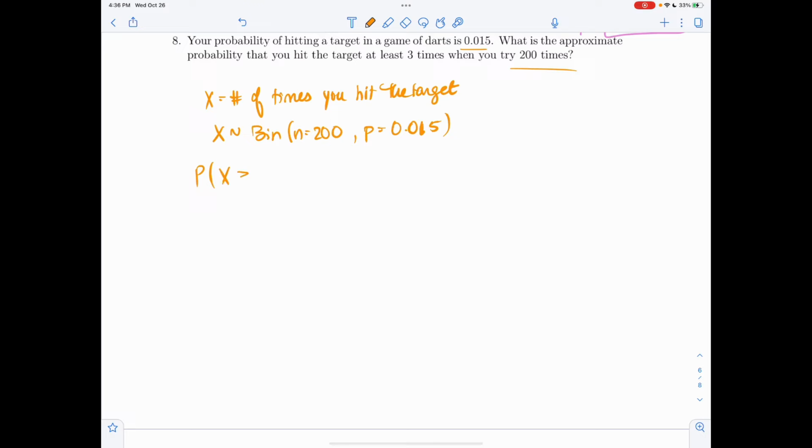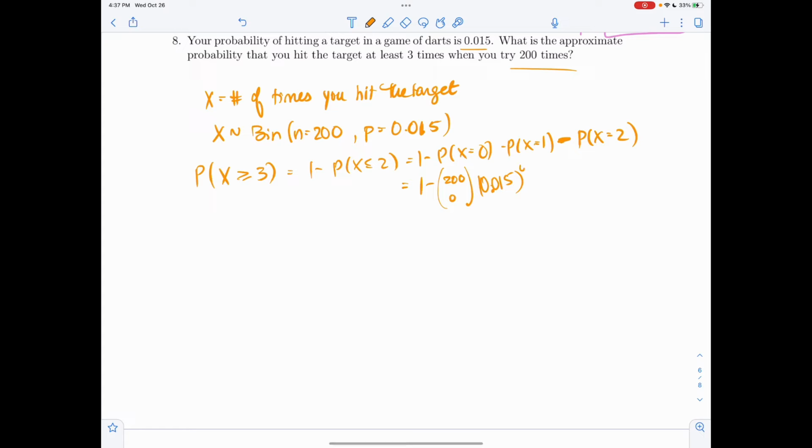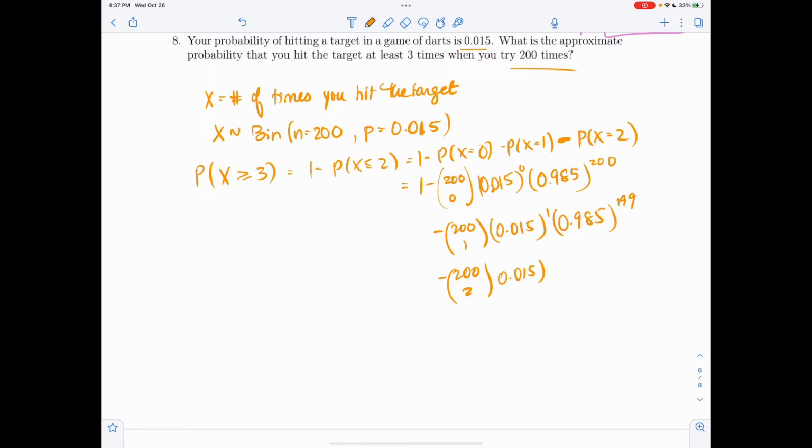The exact probability is going to be this crazy thing. 200 choose 0, 0.015 raised to 0, 0.985, which is 1 minus p, raised to 200, minus 200 choose 1, 0.015 raised to 1, 0.985 raised to 199, 200 choose 2, 0.015 squared, 0.985 raised to 198.